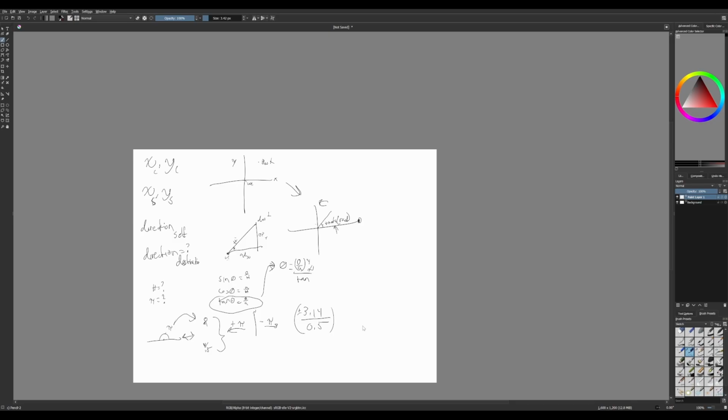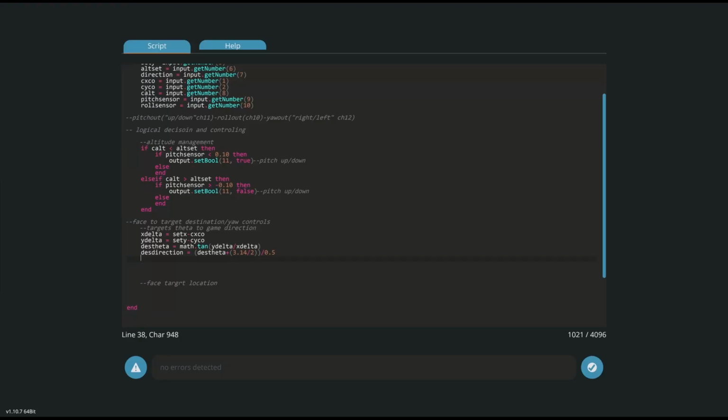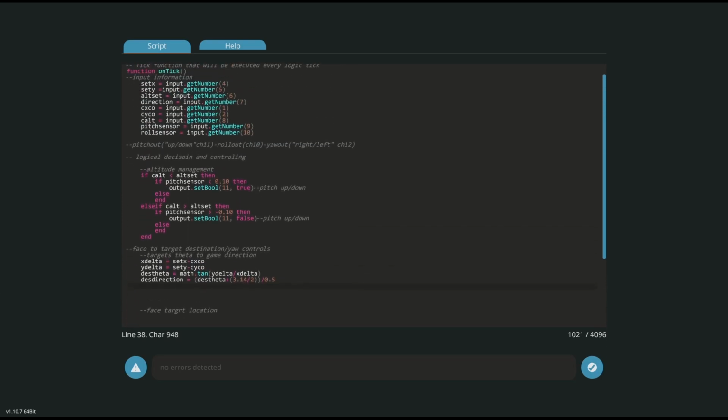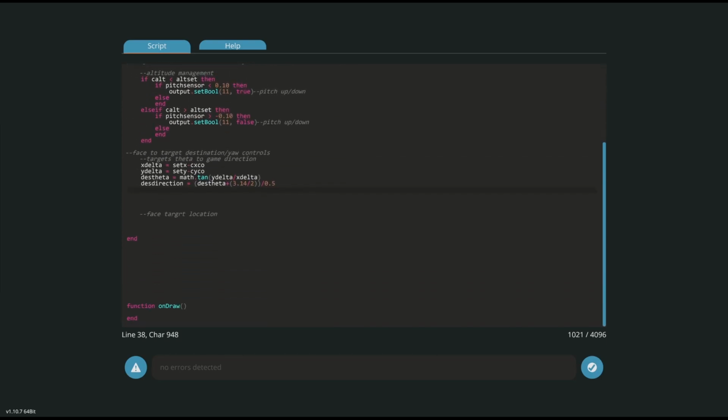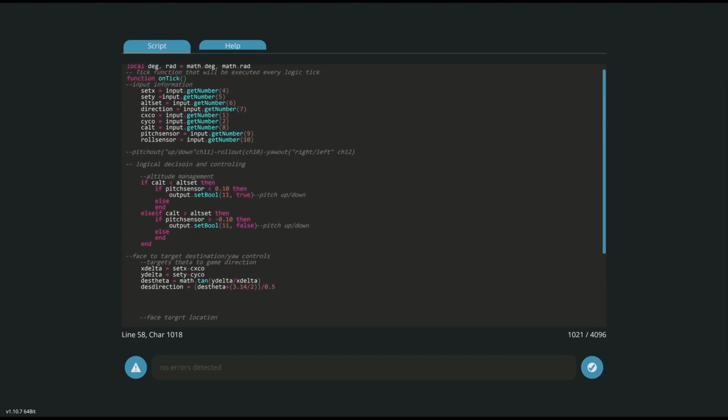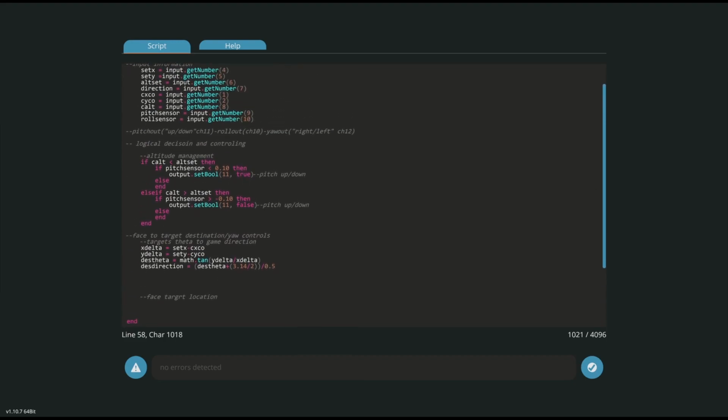It'll either be one to the right or to the left. Again, the big issue is the origin of where it starts. This is going to be a bit of a conundrum. That is for sure. I'm going to go ahead and stop here for now because I'm going to play with this and see what things I have to fix.